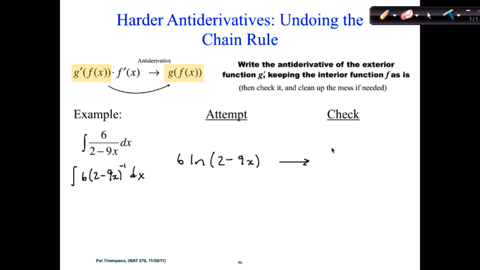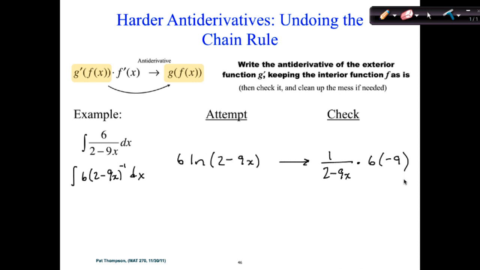Aaron. So it would be 1 over 2 minus 9x times 6 times negative 9. Is that the derivative? So we hold on to the 6, take 1 over that, and then times the derivative of the interior, which is negative 9.